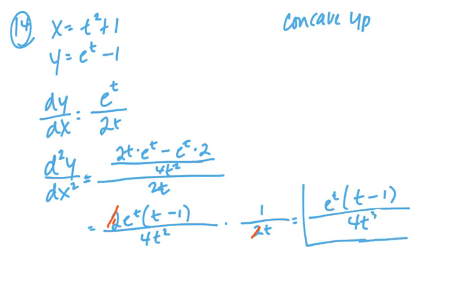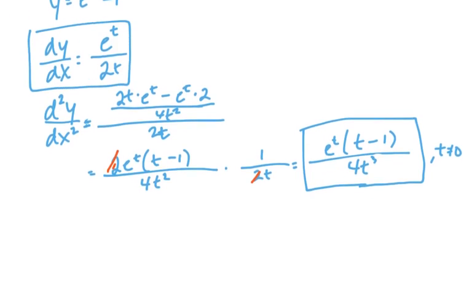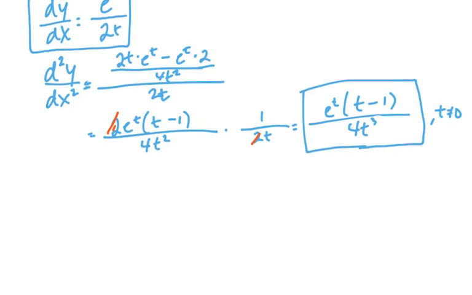So this is our second derivative, and we know that t cannot be 0. And then our first derivative is back here because that's part of our answer. So to find concave up happens when our second derivative is positive.